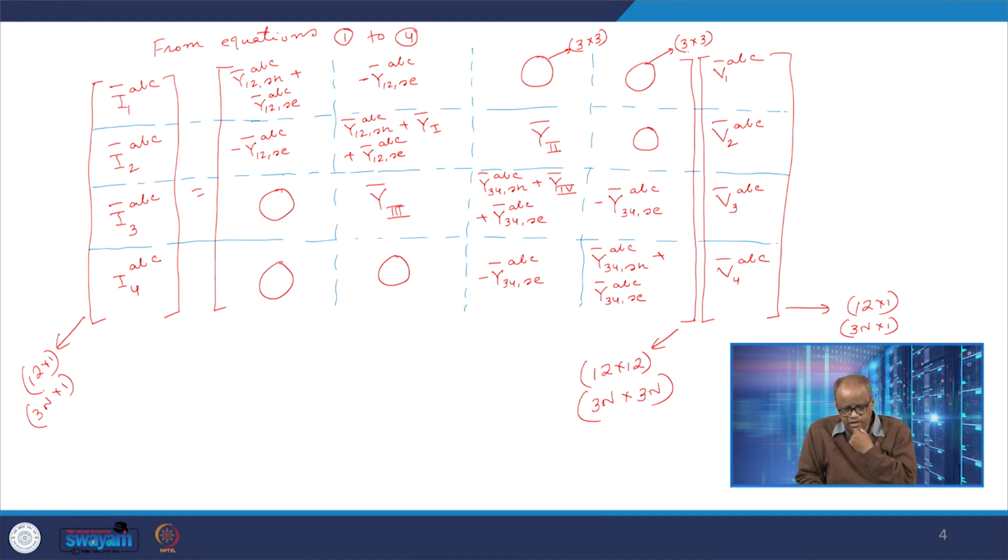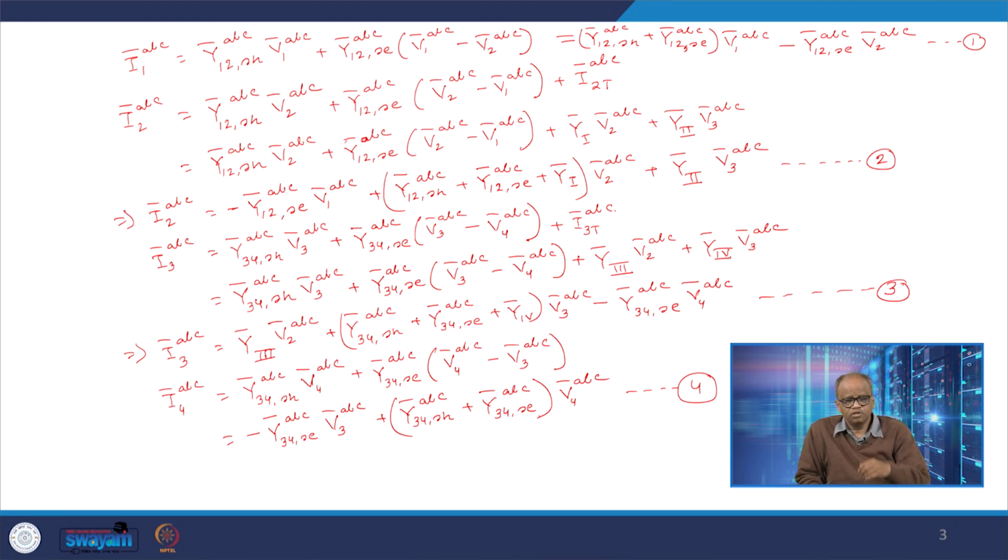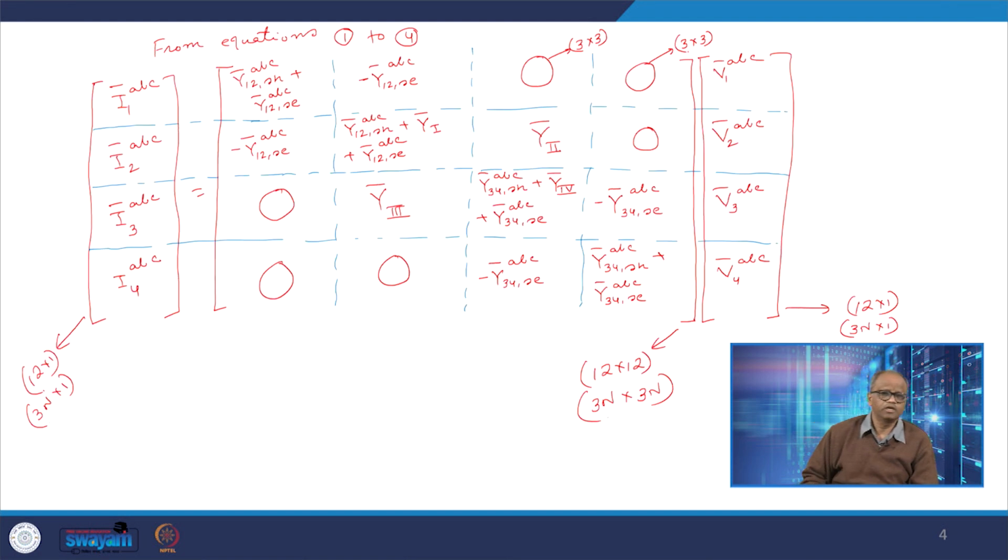Second point is that this matrix we have developed by writing down all the equations for all the buses. But now imagine a case where there are 100 buses. If we have to develop this matrix, it is not possible to write down all these 100 equations and then write down the Y bus matrix.